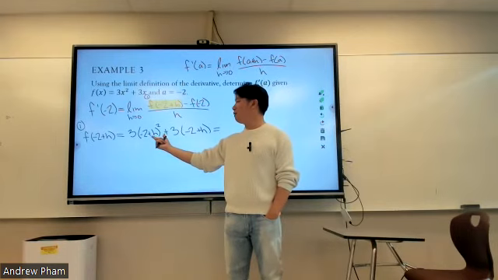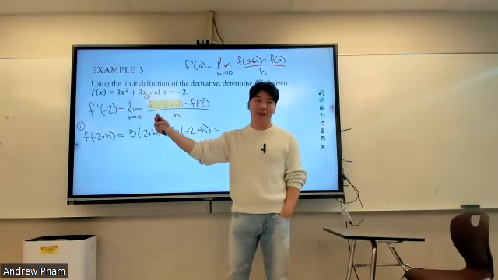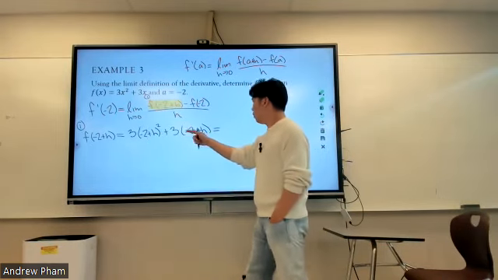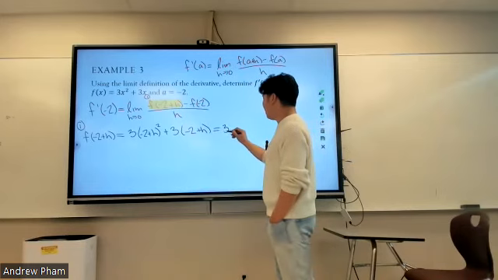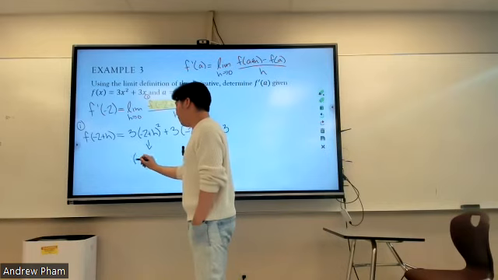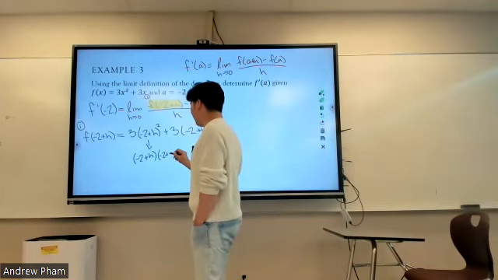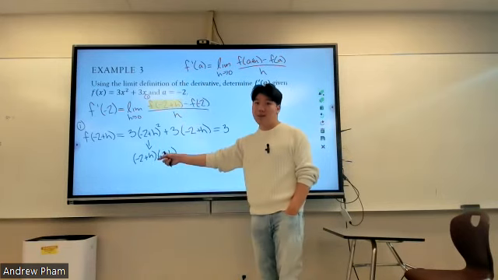If I want to deal with this -2 plus h squared, I'm going to have to use FOIL, because this is -2 plus h times -2 plus h. So I have 3 times, again, just to show you what I'm doing here, -2 plus h times -2 plus h. So I'm multiplying this out.